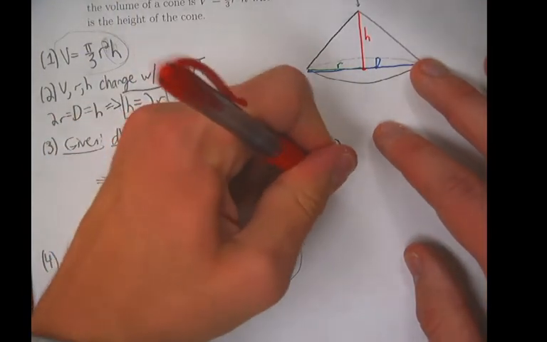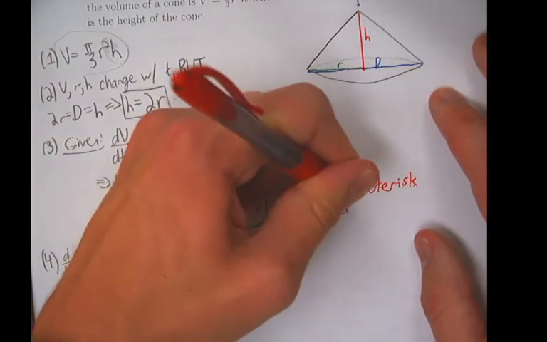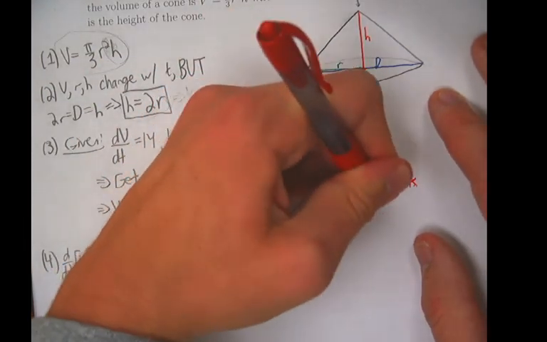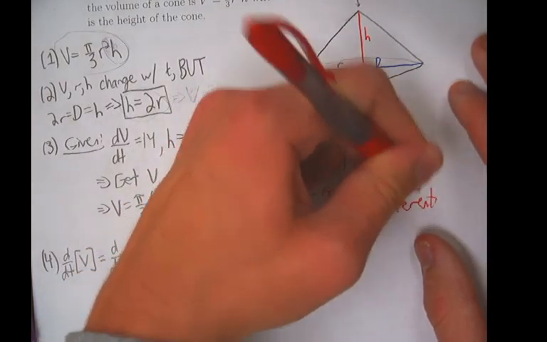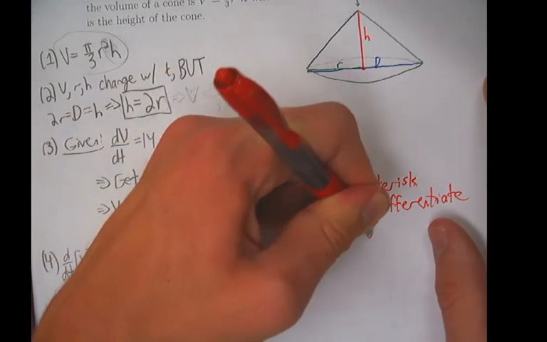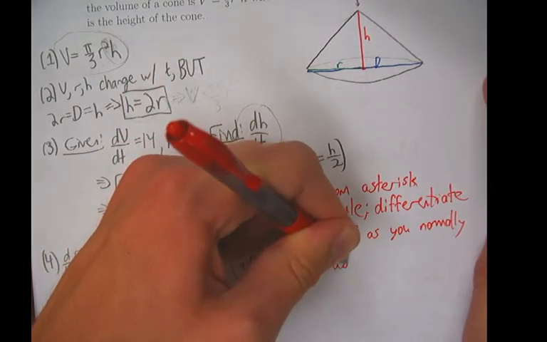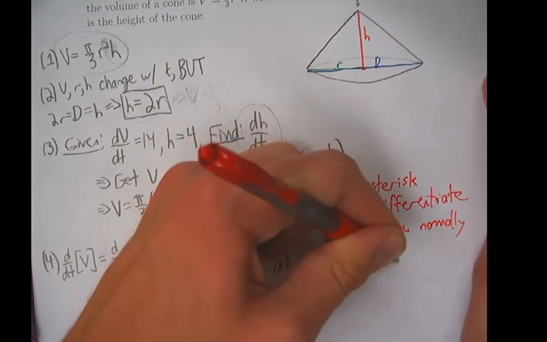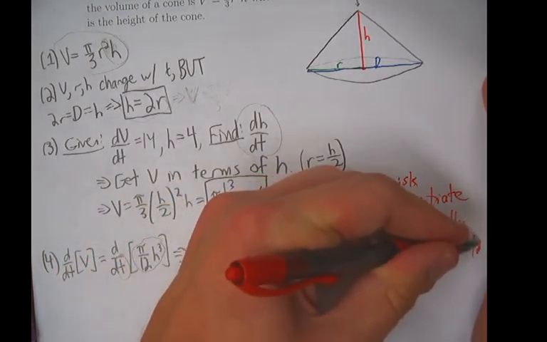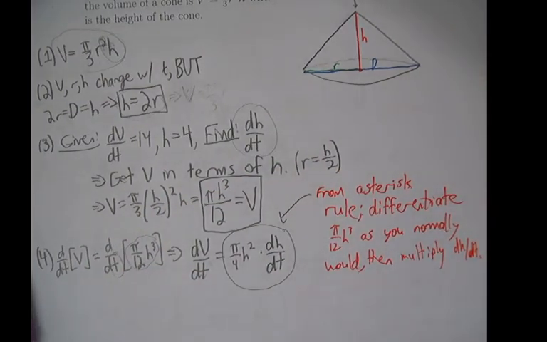So I'll just say differentiate pi over 12 H cubed as you normally would, then multiply by dH/dt.